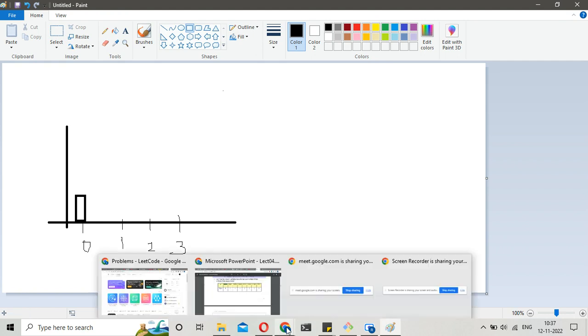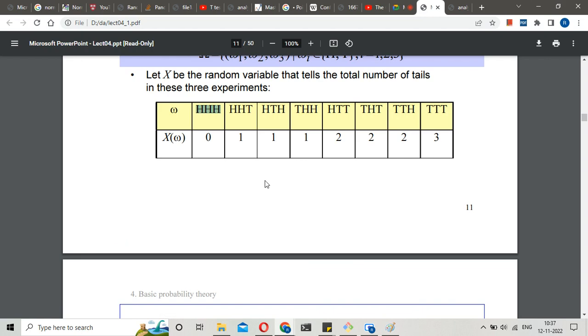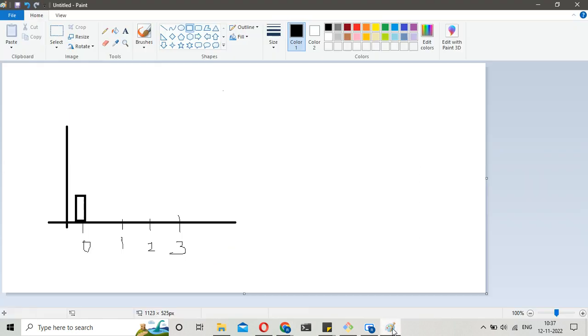If you check, there are 3 chances. Either in the last you will get the tail, in the middle, or in the starting itself. Then this height will be 3 times that, that is 3 by 8.